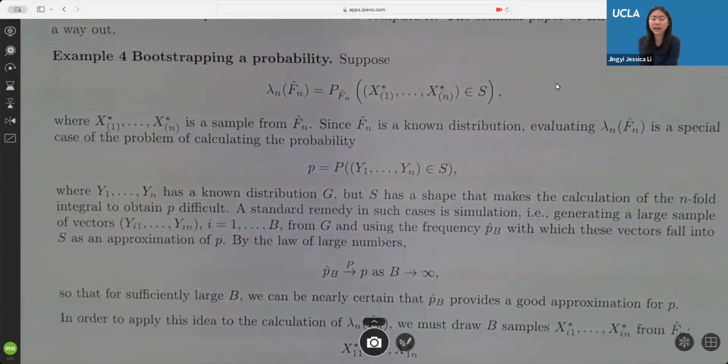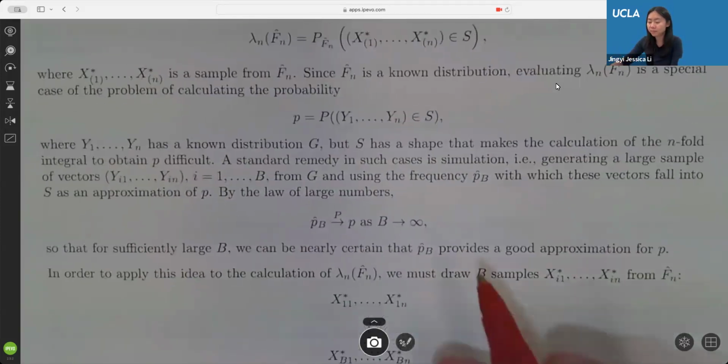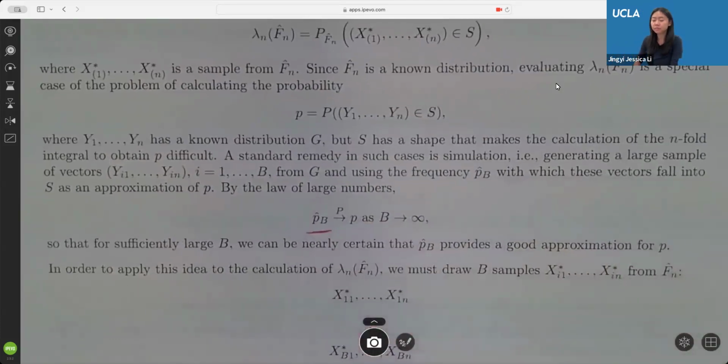I'm just trying to say that if you want to enumerate all hypothetical samples, it's not possible, but you can get a subset of hypothetical samples as long as the number of times you sample from the actual sample is large. If you sample capital B times, that's it.